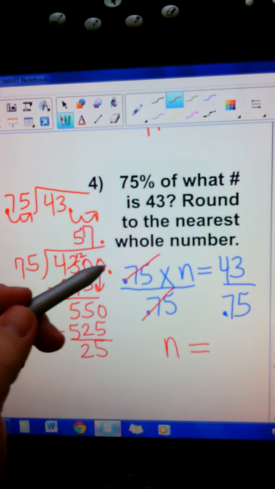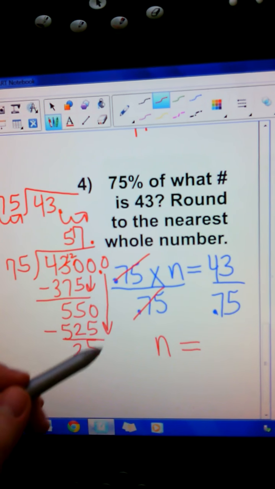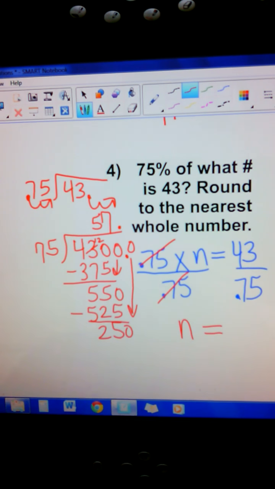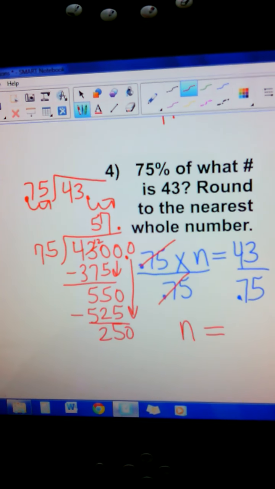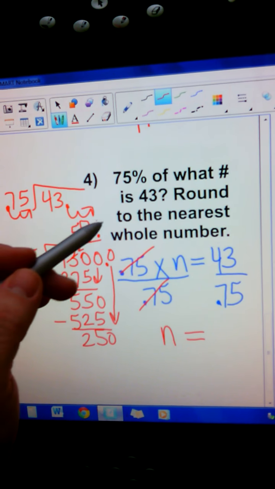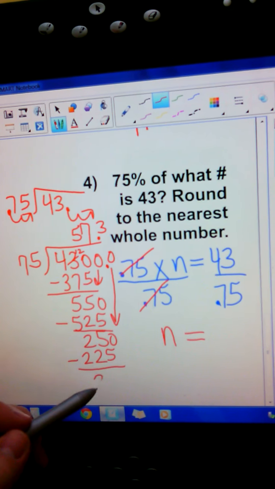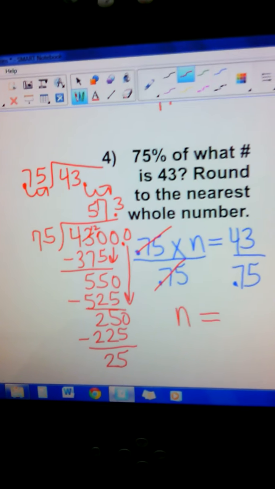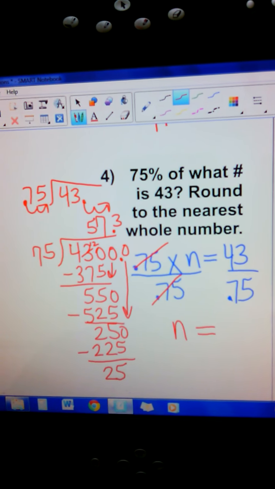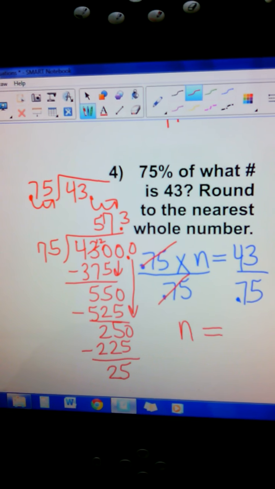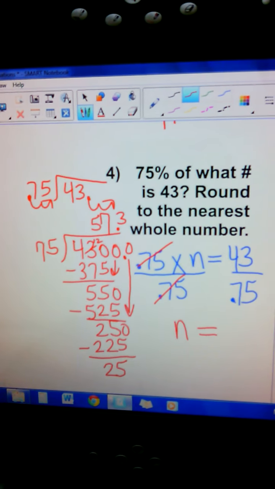So let's add another 0 and drop it down. And 75 can go into 250 3 times. Alright, so to the nearest whole number, our answer would be roughly 57, well, exactly 57.